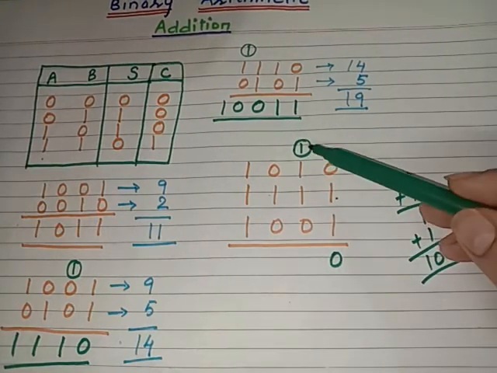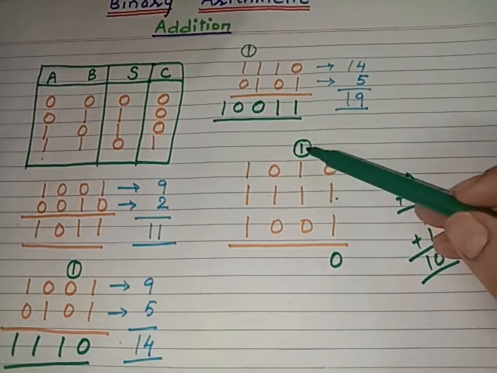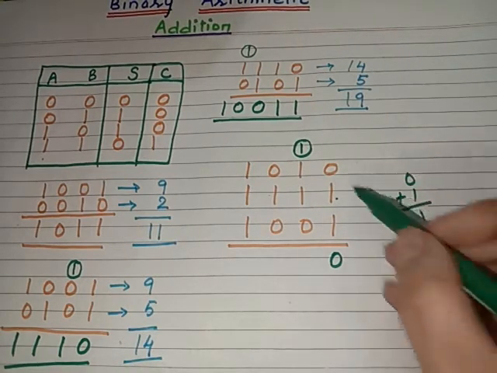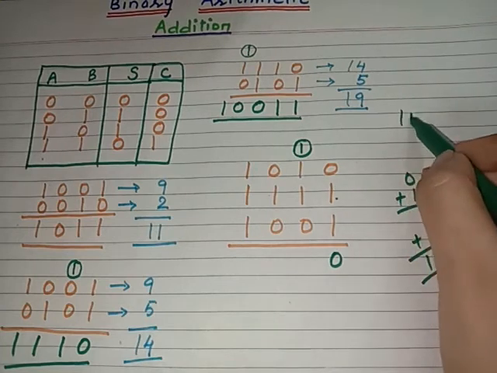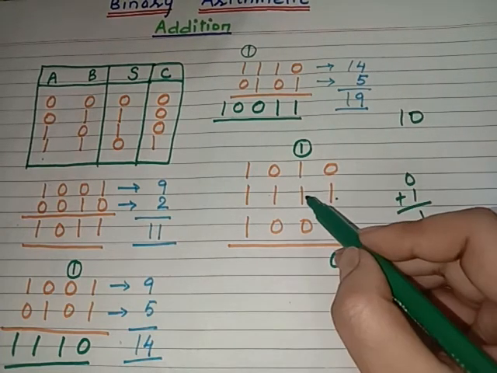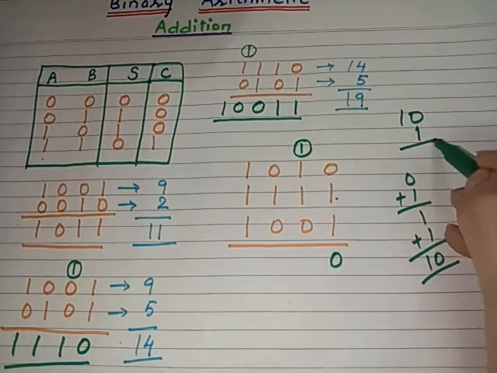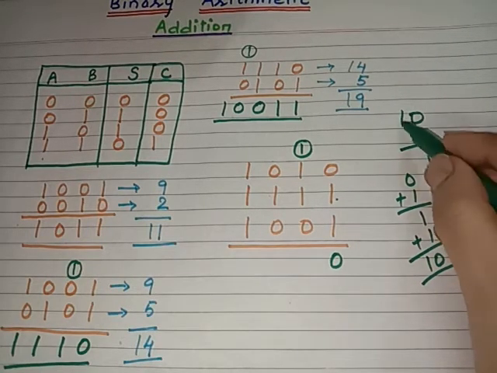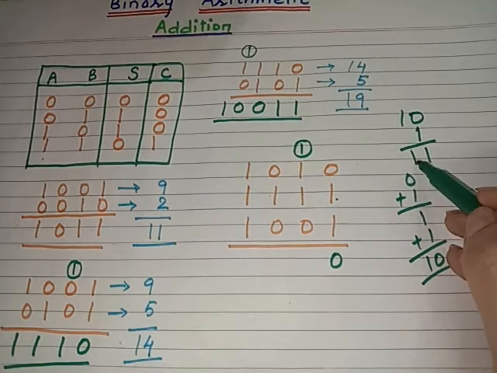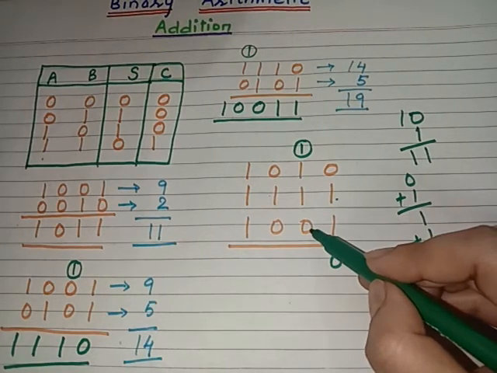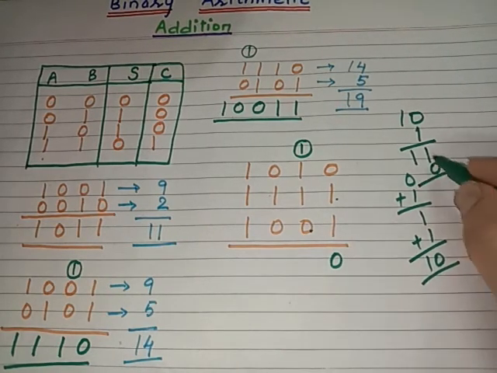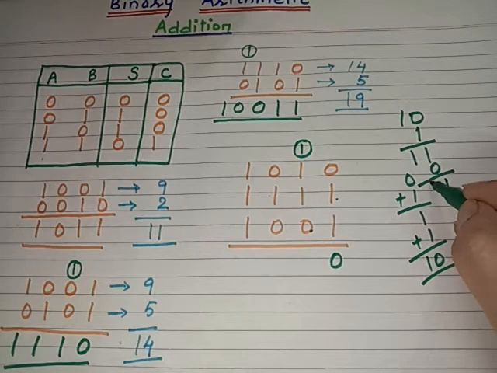Now I am going to add all these 4 numbers. 1 plus 1 is, here you can see, 1 plus 1 is 10. Again add this one, that will be 0 plus 1 is 1 and this one over here. Again you are having 1 1, now add this 0, then definitely you will be having this 1 and this 1.